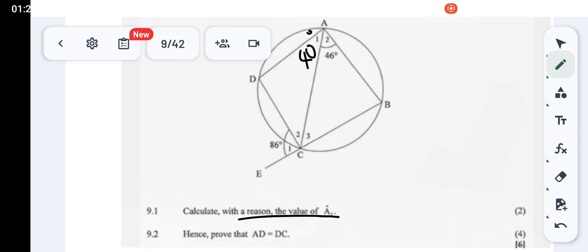We are going to try and calculate C2. If C2 is equal to A1, then the length of AD will be equal to the length of DC. That's why I'm saying, to prove something, you need to do the opposite of what you know. So now, how can we try to find C2?